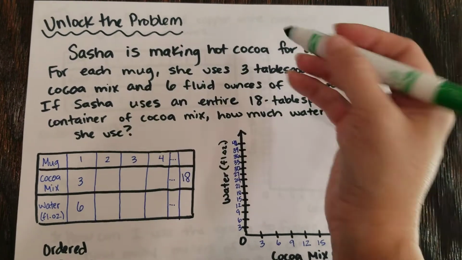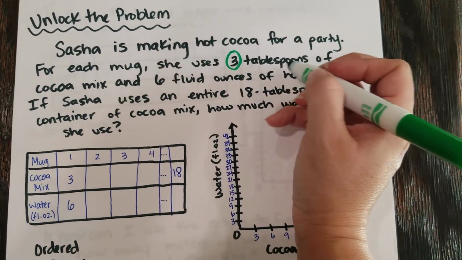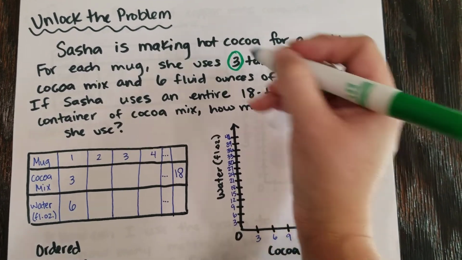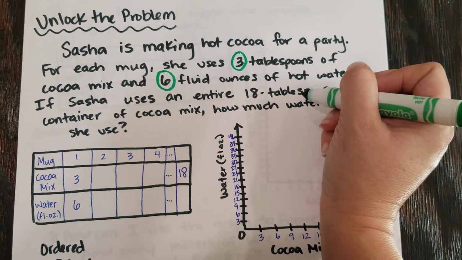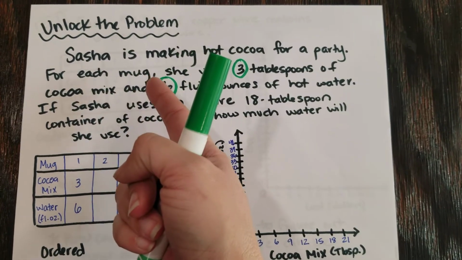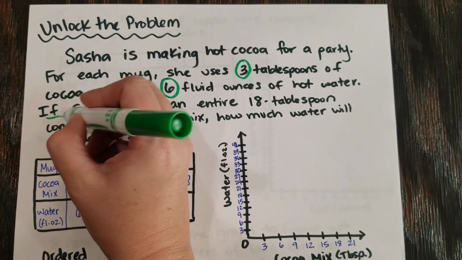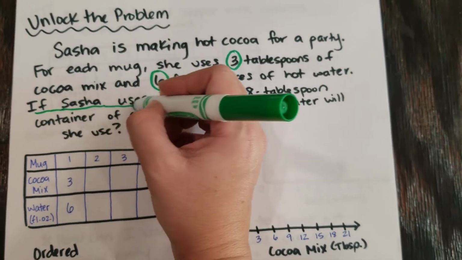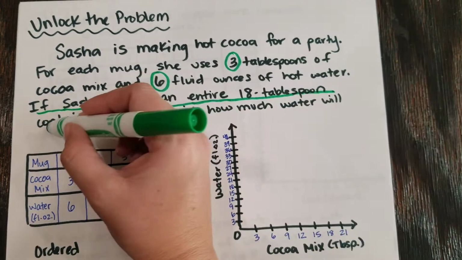Okay, so we got our numbers up here for our beginning. One mug will have 3 tablespoons of cocoa mix, and one mug will have 6 fluid ounces of hot water. So we got those numbers for each mug, okay? Then we are going to solve this question, and we know how to solve it using the rule already, right?